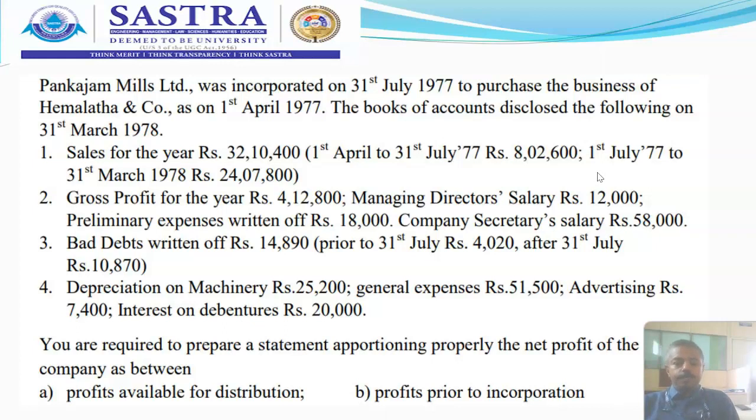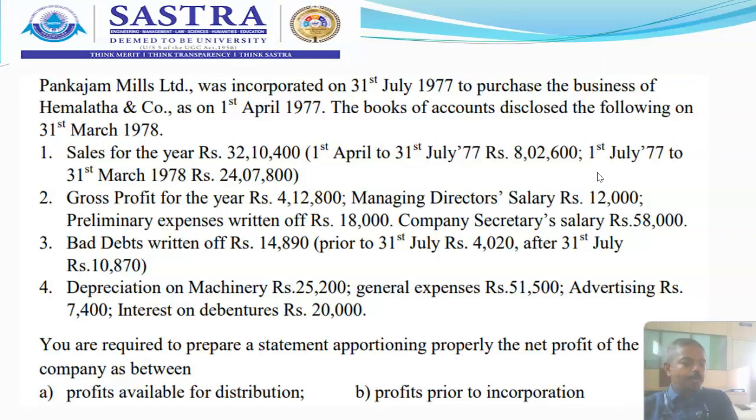So now the advertisement amount, 1,850 goes towards pre-incorporation period and rupees 5,550 goes towards post-incorporation period. Now sum up all these headings. The first heading is revenue from operation.